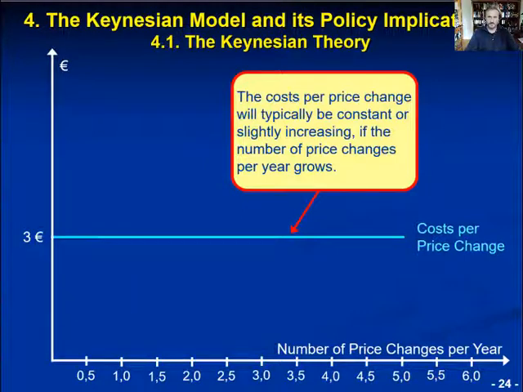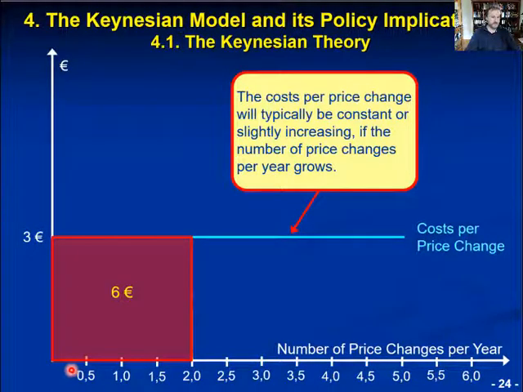If a company changes the price of its product 2 times per year, the cost would equal €6, 2 times 3. So then the cost would be equal to the surface of this rectangular area here.